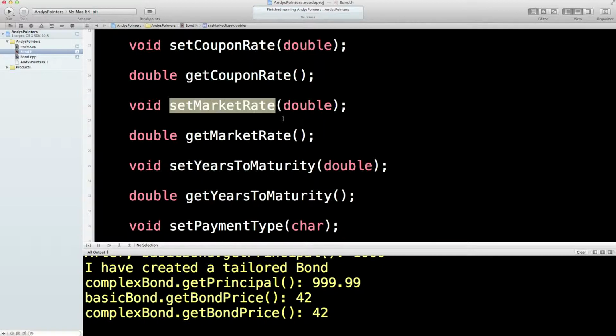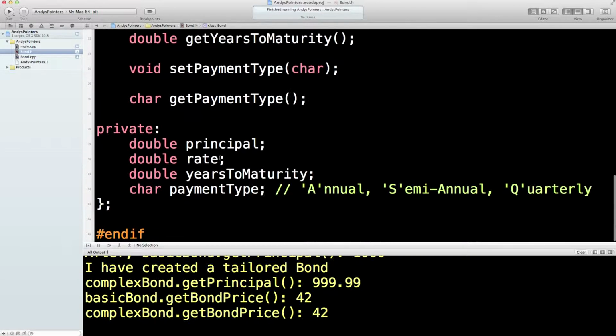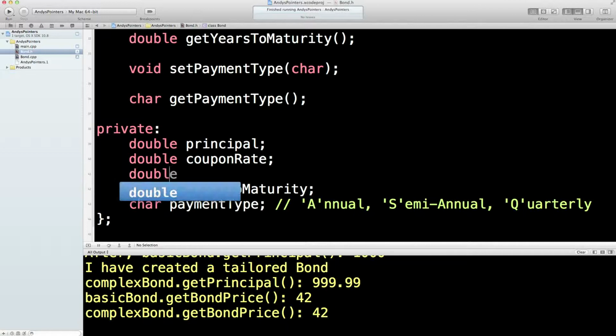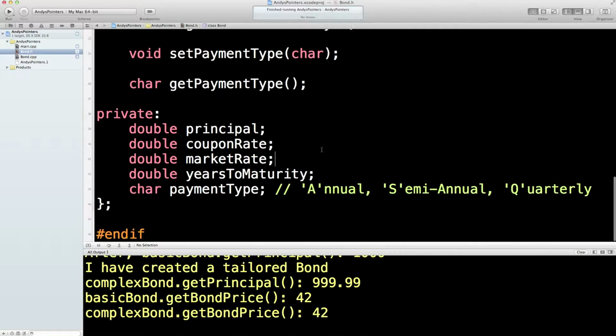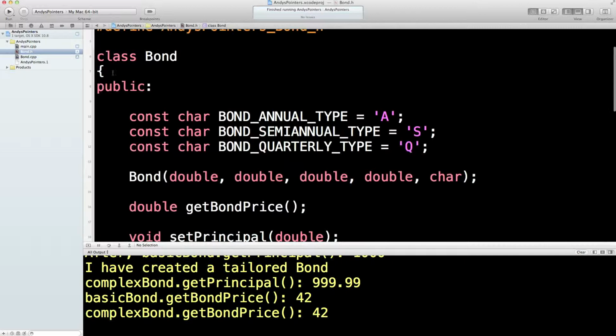Now, if I am going to have two sorts of rate, I'm going to need two variables to distinguish them. The first one will be the coupon rate, the fixed coupon rate of a bond, and the second will be the market rate or the investment rate for a particular bond. Okay, I think I'm happy with this file so far. There could be problems I've missed, but we'll figure all that out later.